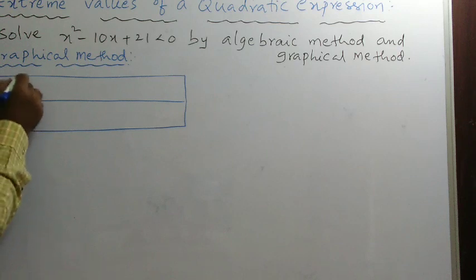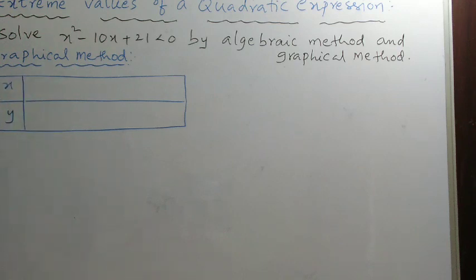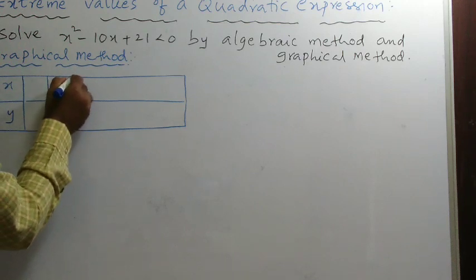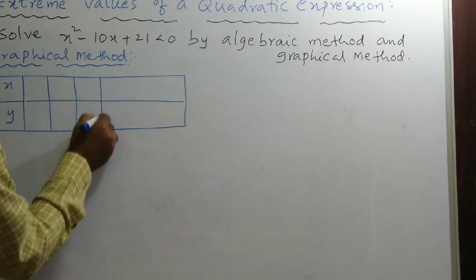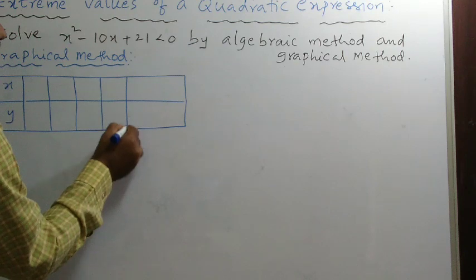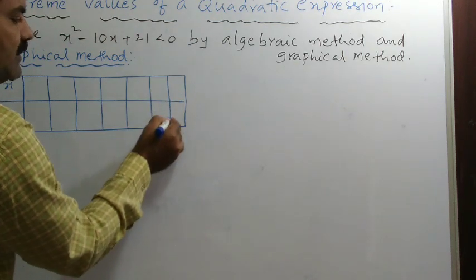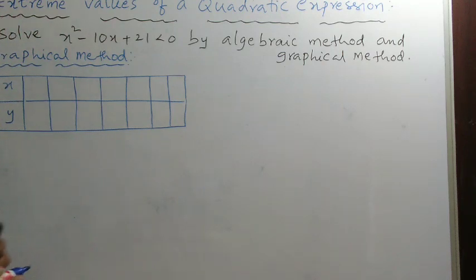Now, x values we need to consider. As I discussed in the last class, you can treat some negative values, some positive values, even along with 0.